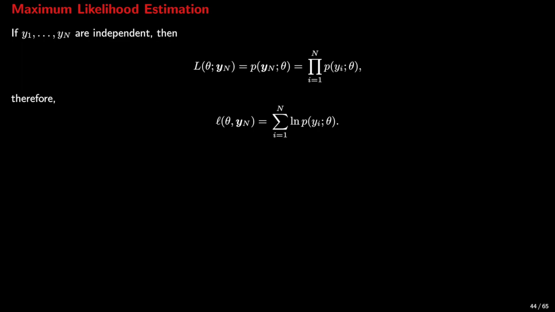If that's the case, the likelihood function, which is nothing but the joint PDF of these y's, seen as a function of theta, can be written as the product of all PDFs. Therefore, the log likelihood, that is the logarithm of the likelihood, is the sum of the logarithms of all these PDFs. This is why we use the logarithm in the first place. It is because it maps products to sums, and sums are easier to work with.